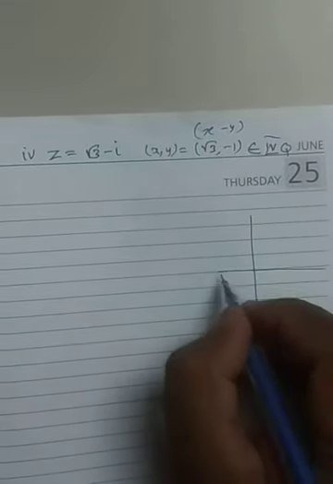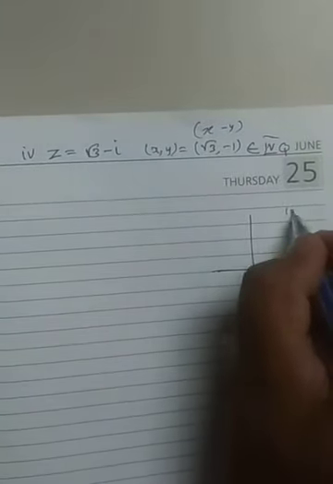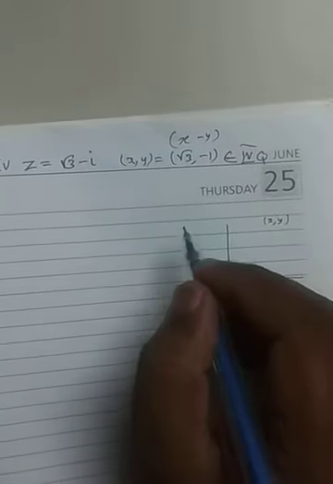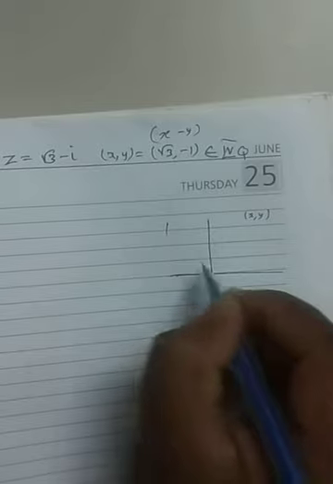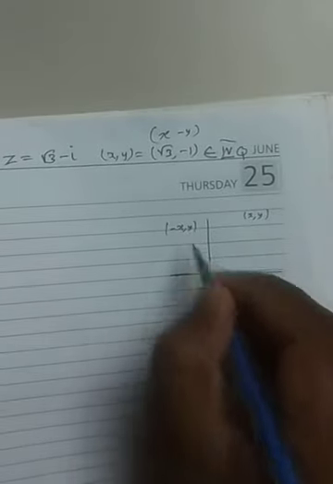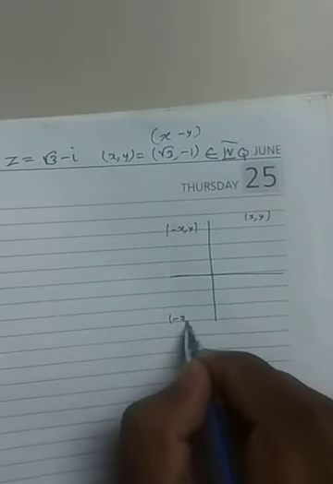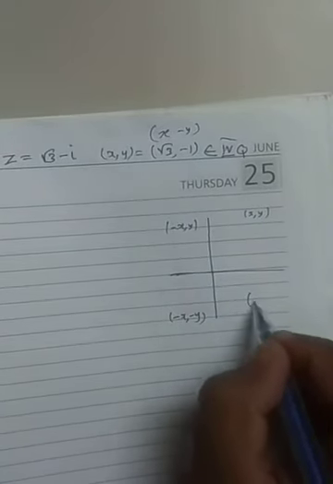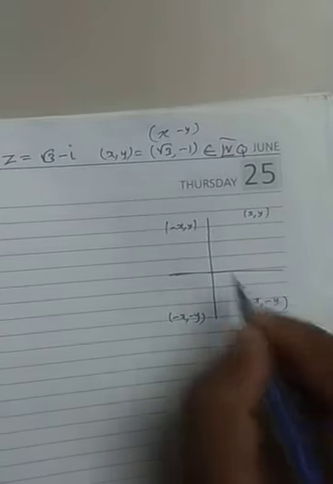In the first quadrant, both x and y values are positive, isn't it? In the second quadrant, x value will be negative, so minus x comma y will come. In the third quadrant, both x and y values are negative. In the fourth quadrant, x value is positive, y value is negative. So compare it.